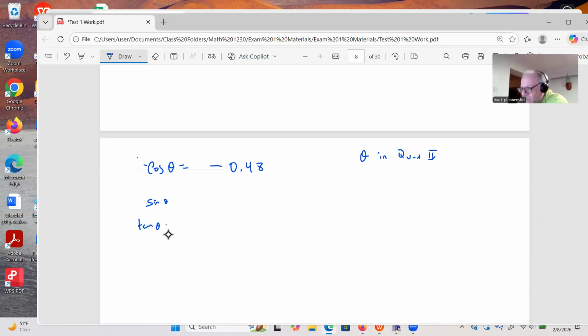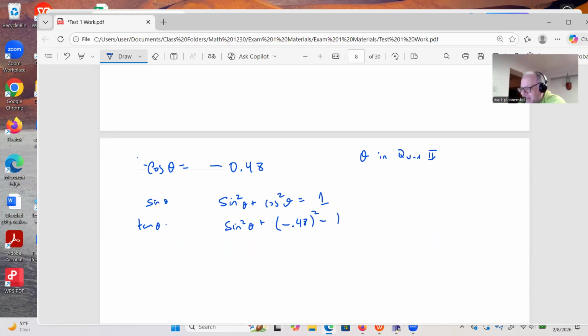So what we're going to do is use sine squared theta plus cosine squared theta is equal to 1. I know we've done a little bit of that, and we're just going to punch these numbers in. So this is sine squared theta plus, what's my cosine? Negative 0.48 squared is equal to 1.